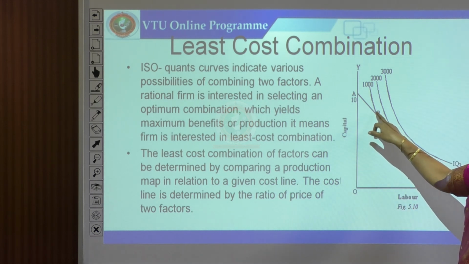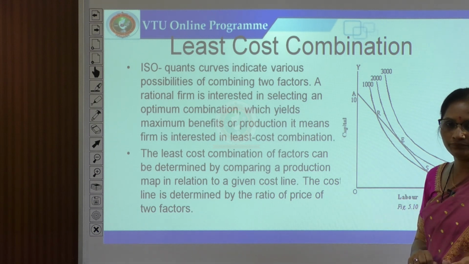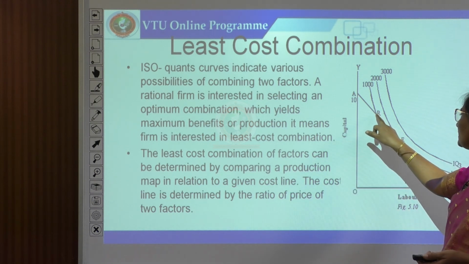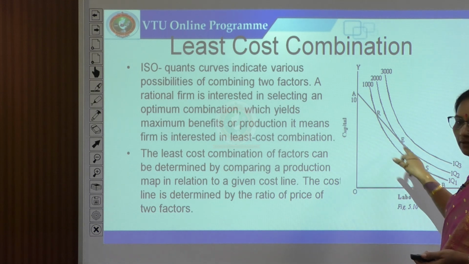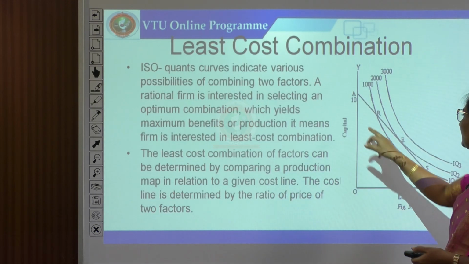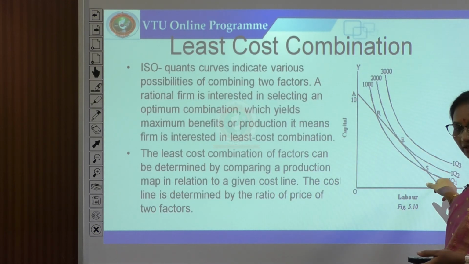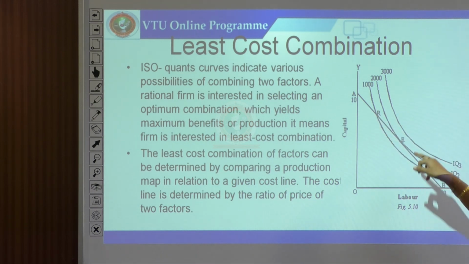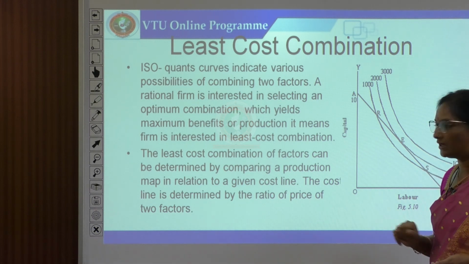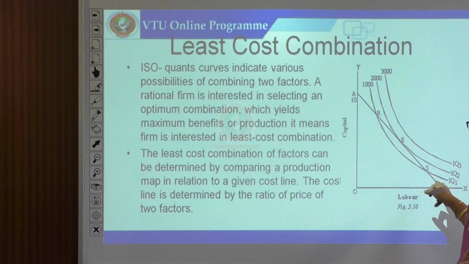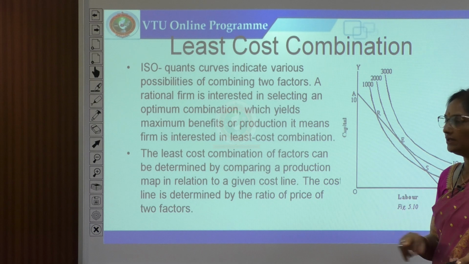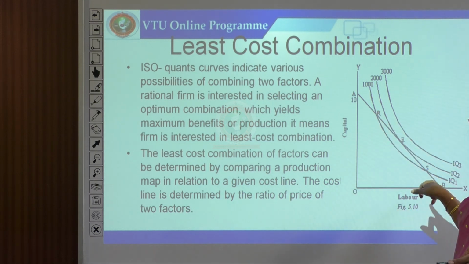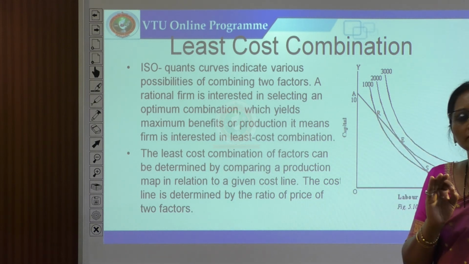If they go with the R combination, because R is tangent to the AB line, the cost line or budget line, they can go with the R combination, or the E combination, because it is also tangent to the budget line. Another one is the S combination. This budget line, the cost line, is the cost line of every organization.